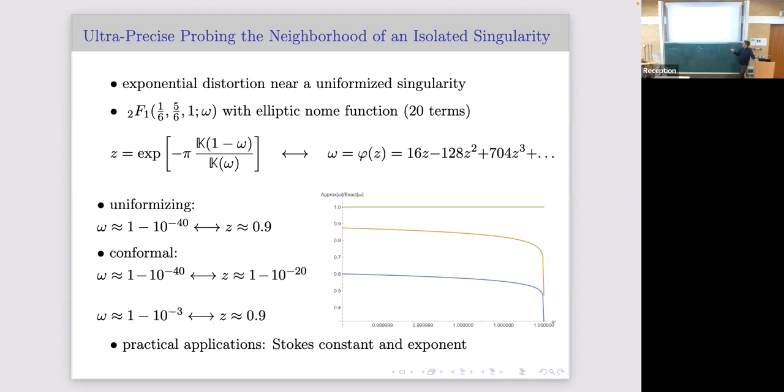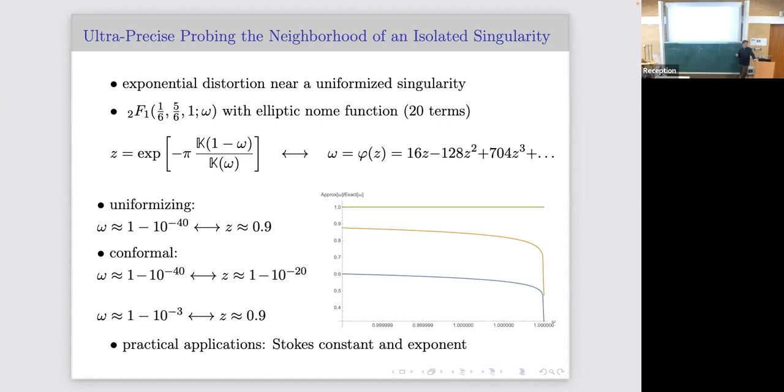And the idea of the scales here: if you use the uniformizing map, getting within 10 to the minus 40 of the actual singularity in the original plane involves going to 0.9 inside this unit disk. Whereas if you made a conformal map and you wanted to get that close, you'd have to go within 10 to the minus 20 of the edge of the disk.